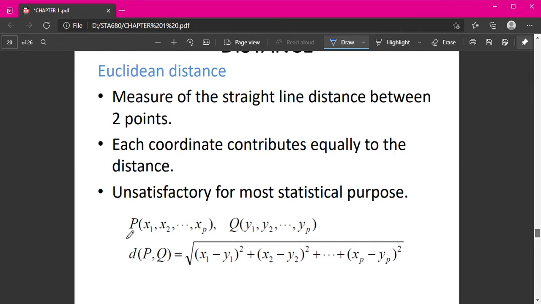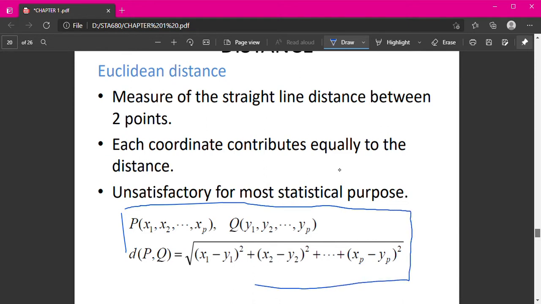Okay, so actually this is the formula untuk dapat formula of Euclidean distance. This one adalah formula of Euclidean distance if we have 2 points.